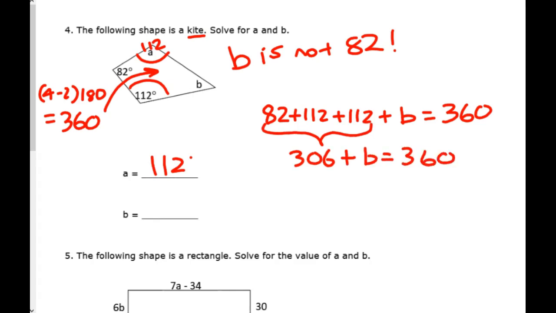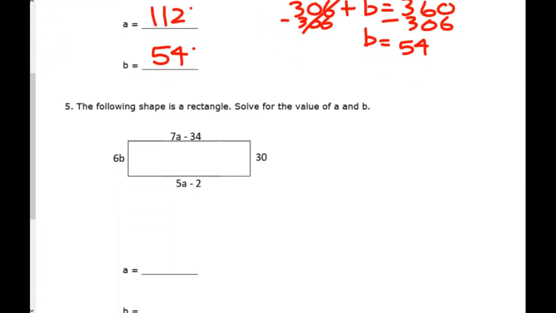And then subtract 306 from both sides, and I get 54. B is 54 degrees, not 82. Okay, so it's only one pair of congruent angles in a kite.